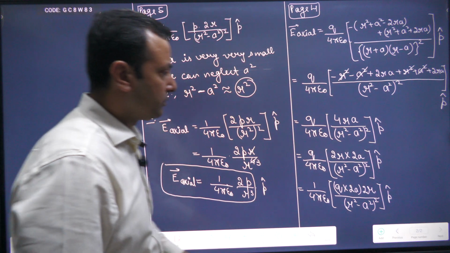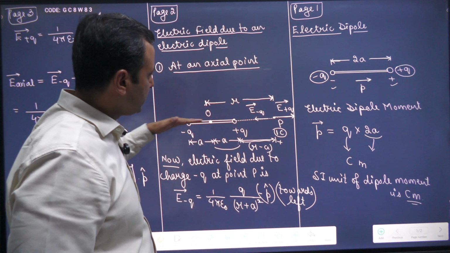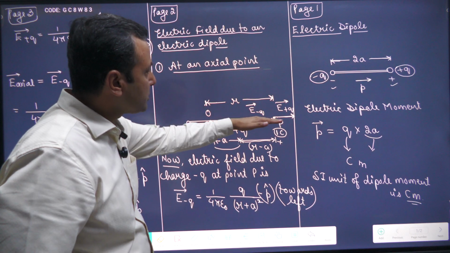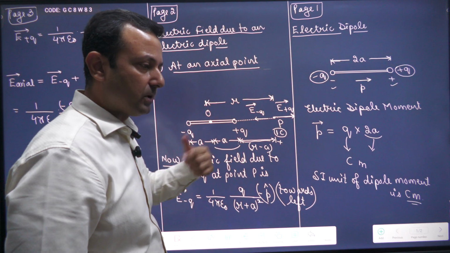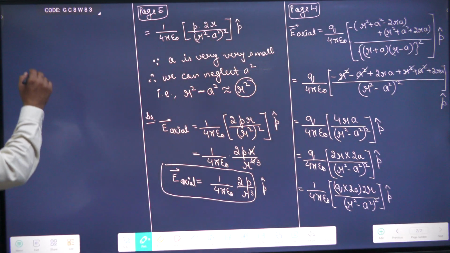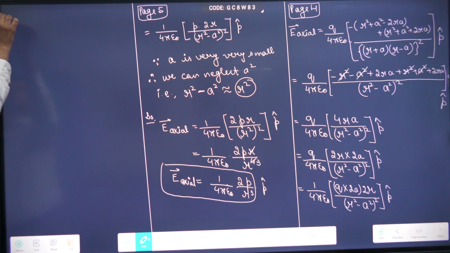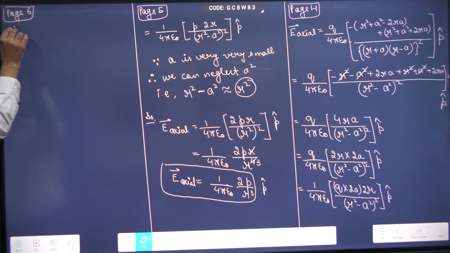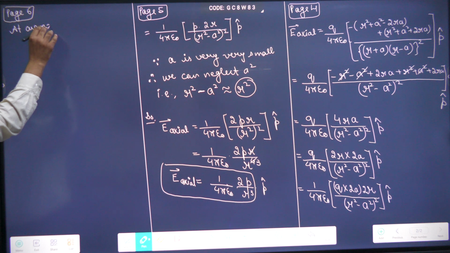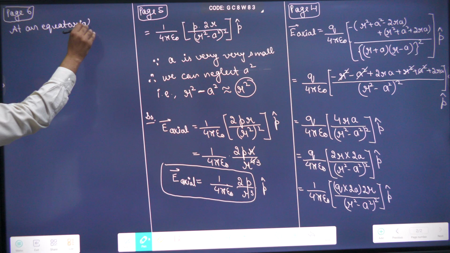So first of all, we have calculated the electric field at an axial point. Axial point means the point which lies on the axis of this dipole. Now equatorial point, electric field at an equatorial point.